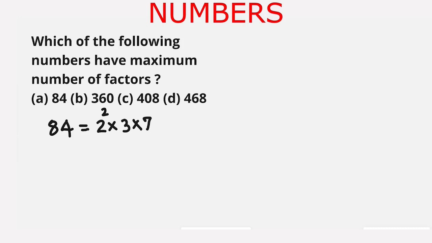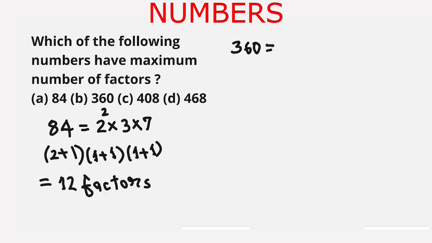The power of 2 is 2, so it is 2 plus 1. The power of 3 is 1, so it is 1 plus 1. And the power of 7 is 1, so it is 1 plus 1. 2 plus 1 is 3, 1 plus 1 is 2, 1 plus 1 is 2. So 3 times 2 is 6 and 6 times 2 is 12. So there are 12 factors of 84.